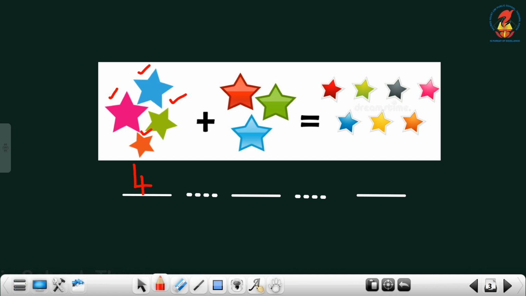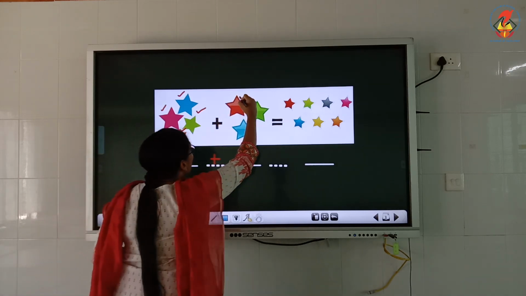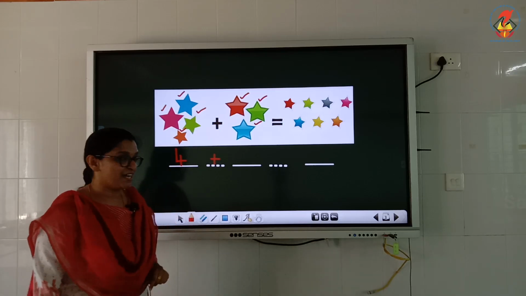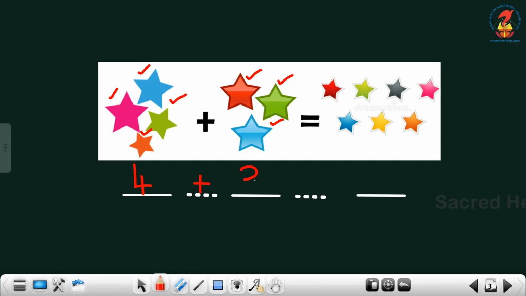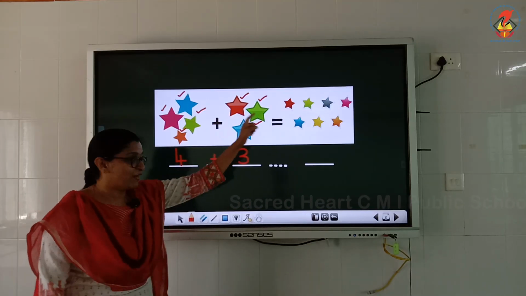Then, we need to put a plus sign. Plus. Now, count the number of stars in the second group. 1, 2, 3. 3 stars. So, I write here number 3. Next, we need to put equals.